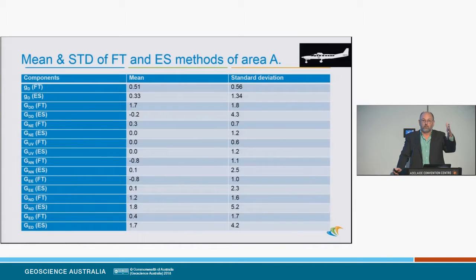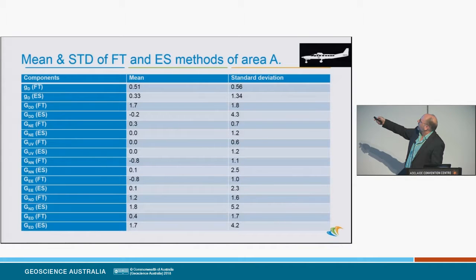So we did that work for all of the tensor components and for gravity, for equivalent source and for Fourier transform. I'm not going to show you all the pictures because obviously there'd be quite a lot. But what I want to draw your attention to, this is Area A, just looking at the standard deviations of the differences.